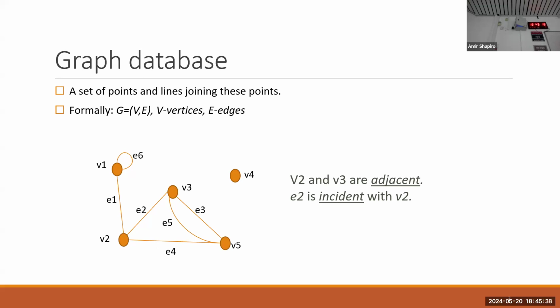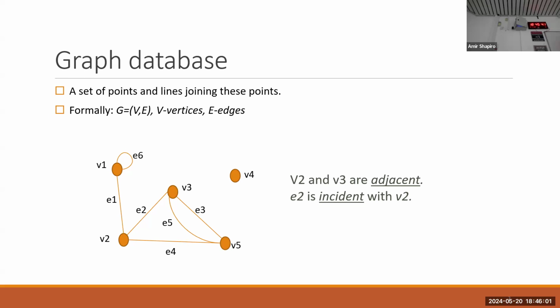So we have vertices V1, 2, 3, 4, and 5, and we have the roads, which are the edges of the graph, in which we can move from one vertex to another. That's the idea.